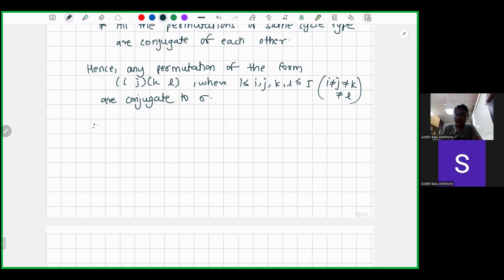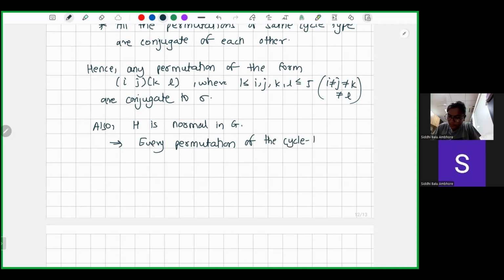So therefore, since every element of this kind, (i j)(k l), is conjugate to sigma, and also H is normal in G, this implies every permutation of this cycle type belongs to H. Is this clear?